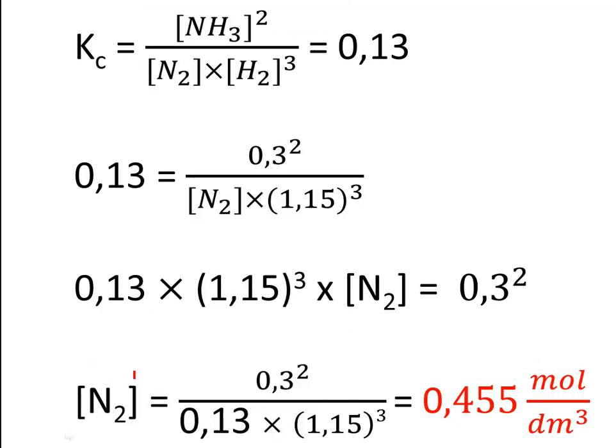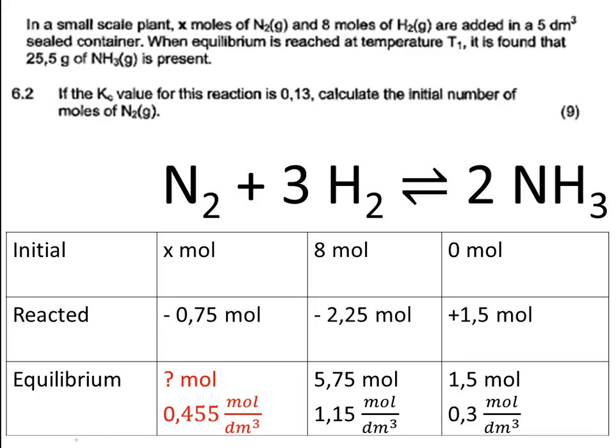Notice, because nitrogen's concentration is not raised to any power, well, it's raised to the power 1, we don't need to square or cube root the answer. The answer that we get here is the concentration, 0,455, and we're working out concentration, so the unit is molar, mole per decimeter cubed.